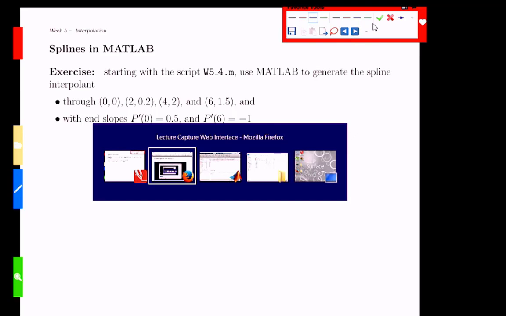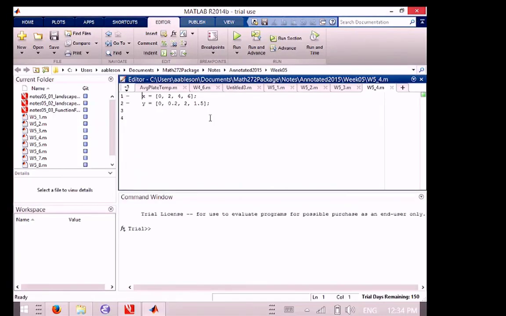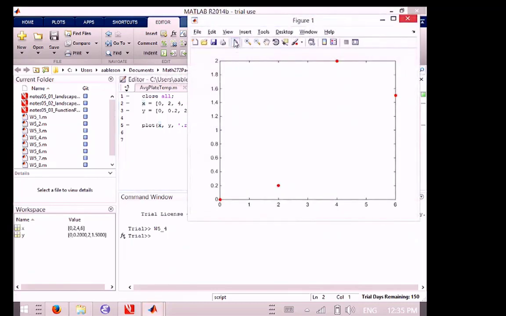So we're going to take a look in MATLAB. What we're just going to do is do a quick plot here. And I'll put a close all at the top, just so our graphs always appear up on top of our screen. All right.